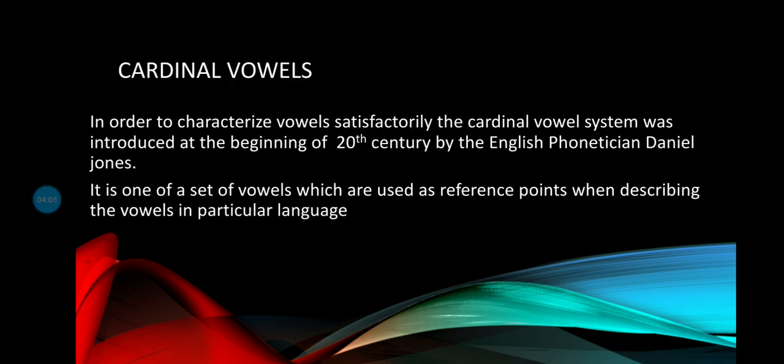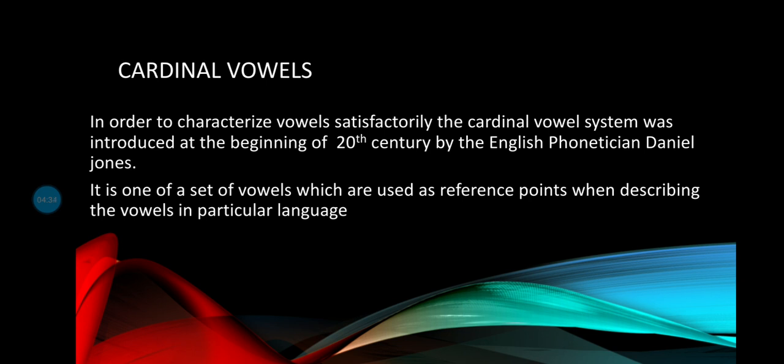Then we have cardinal vowels. We know the difference between what are vowels and what are consonants, but what are cardinal vowels? Like IPA, cardinal vowels are a set of vowels which are used as reference points when describing the vowels in a particular language.